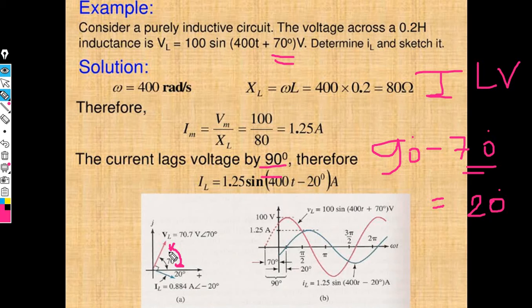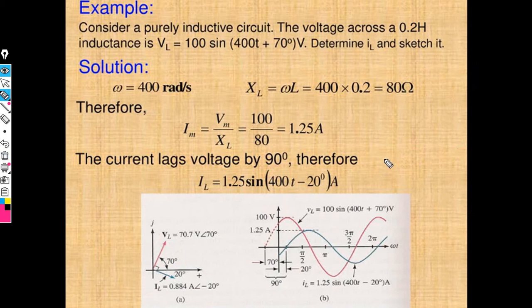Okay, now we also have to calculate the current IL. Here current I lags the voltage by 90, and lag means a negative sign, so we have considered a negative sign. The formula is I equals Im sin(omega t plus theta).